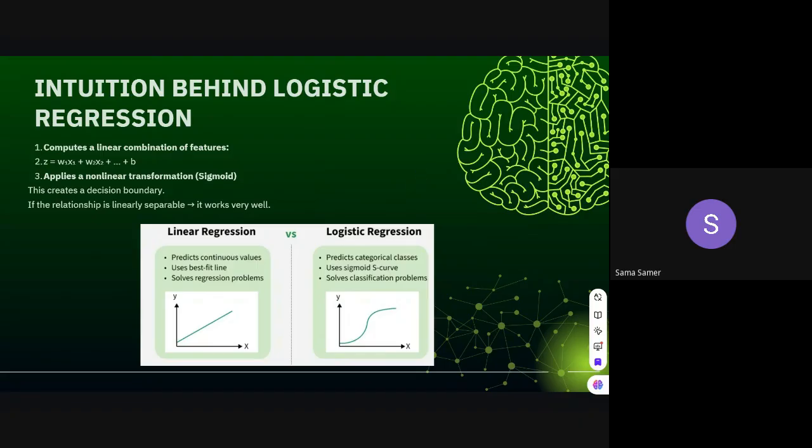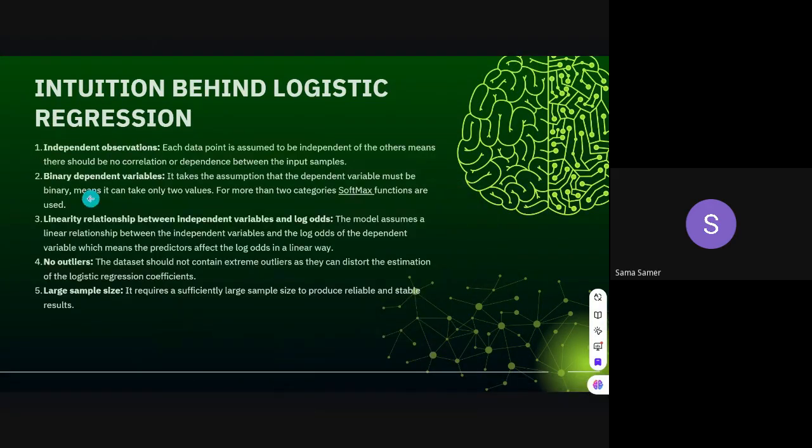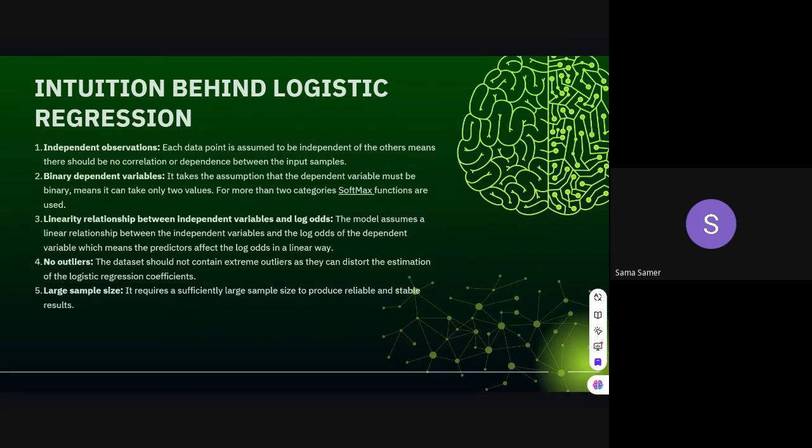If the relationship is linearly separable, it works very well. But if it's not linearly separable, it is a non-linear transformation, and we have to use the sigmoid function. Again, the intuition behind logistic regression has, we can say, 5 attributes, which are the most important.